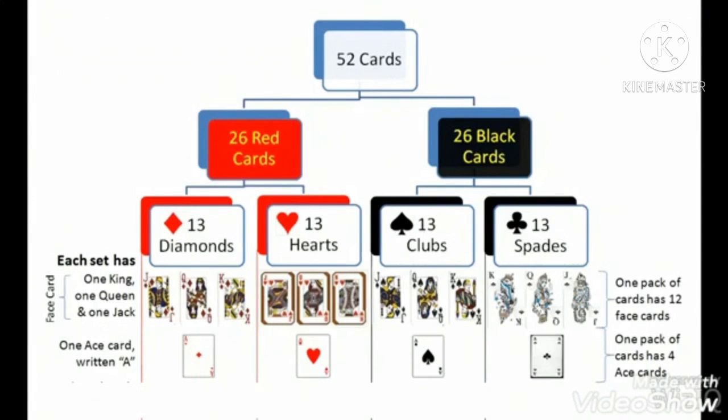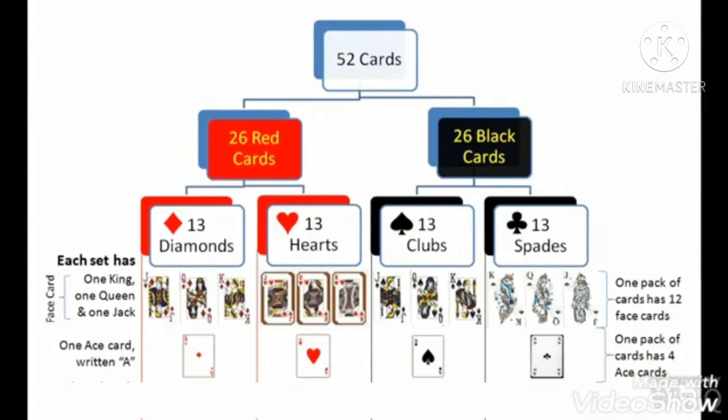One ace card, written as A, belongs to each of the 4 groups. So the diamonds, hearts, clubs and spades each have one ace card.